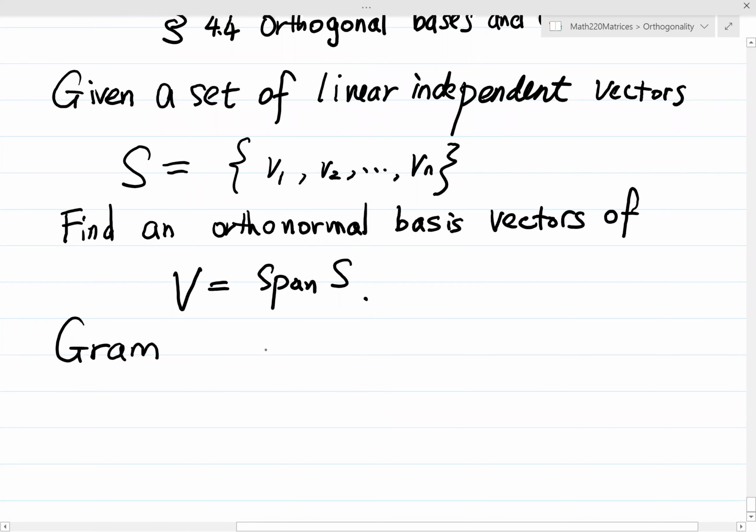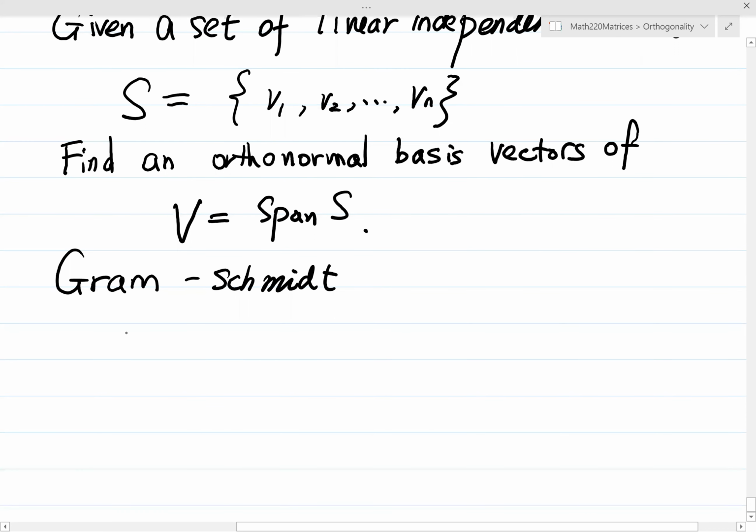The idea is we subtract the projection. So for U1, first of all, we start with V1.